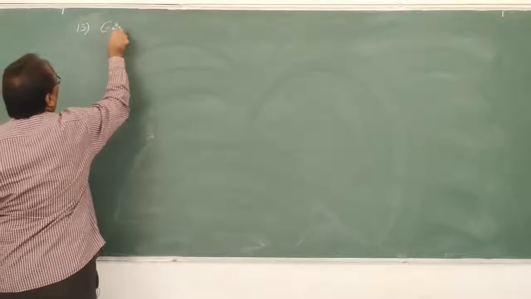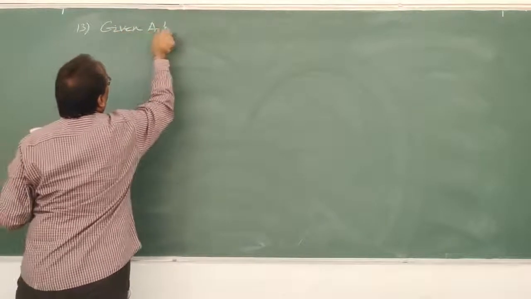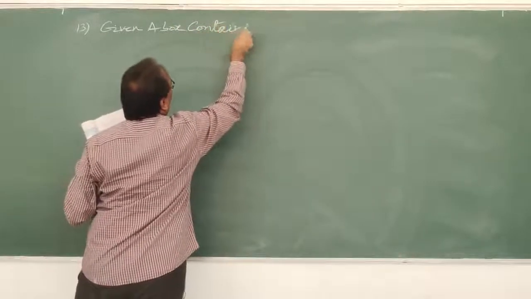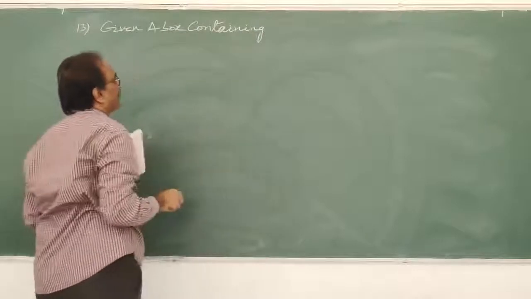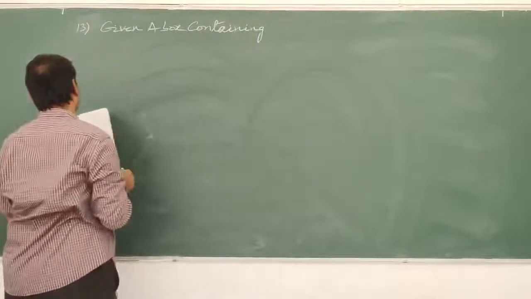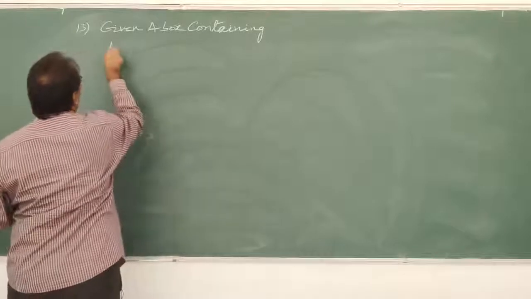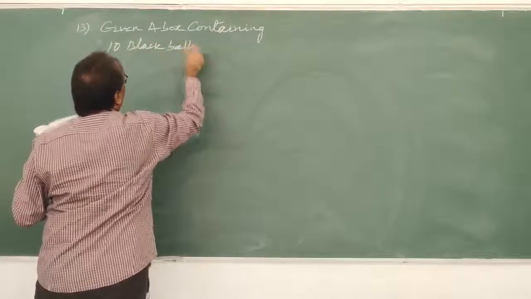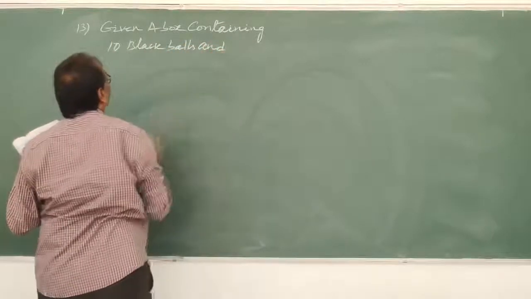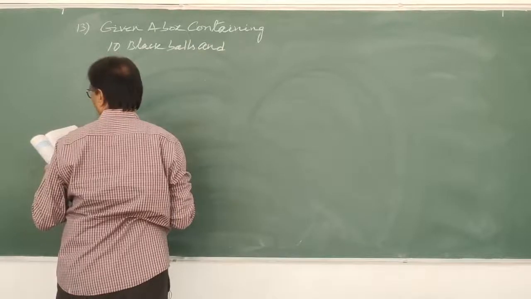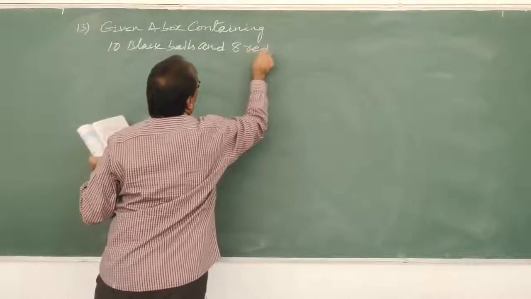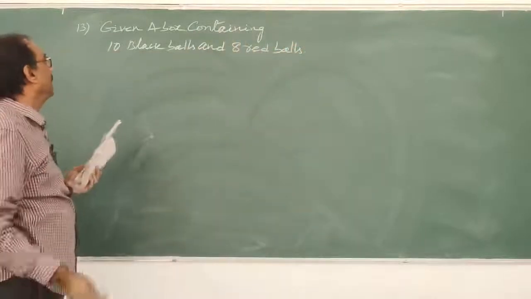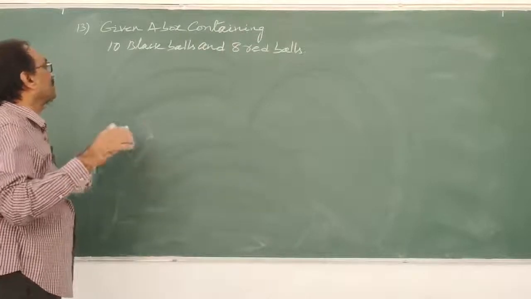So, given a box containing 10 black balls and 8 red balls. That is how the box is there. Given a box containing 10 black balls and 8 red balls.